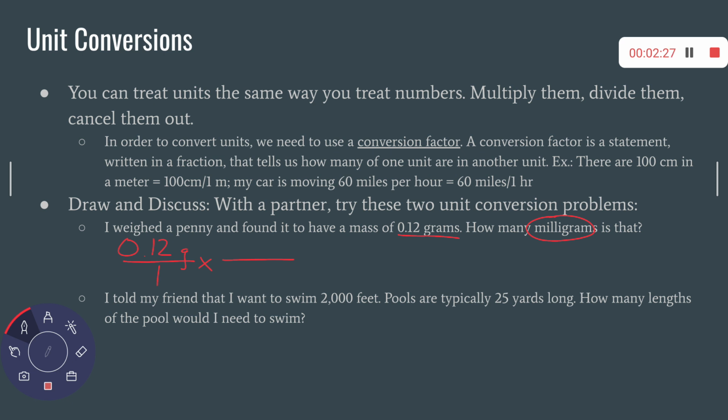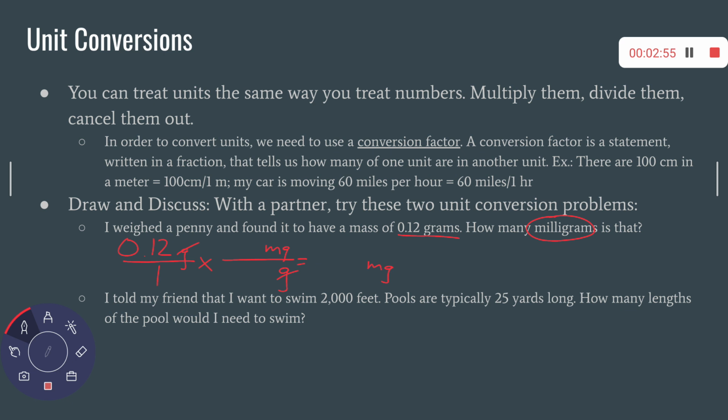My old units are grams, and they're in the numerator of my previous fraction. So I'm going to put grams in the denominator of my next fraction. My end goal, I already know, is milligram. So now, if I look at how my units are set up, my grams will cancel out, but my milligrams are left. And that's a good thing, because we want to be in units of milligrams.